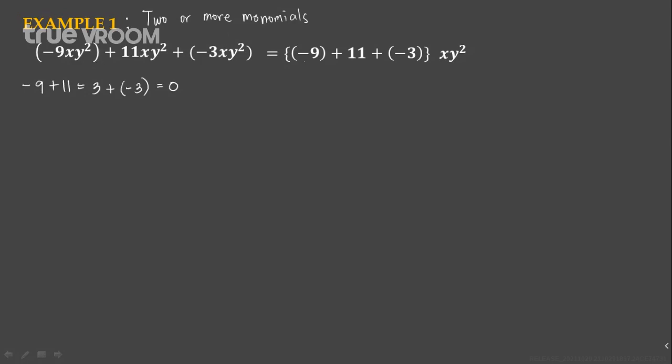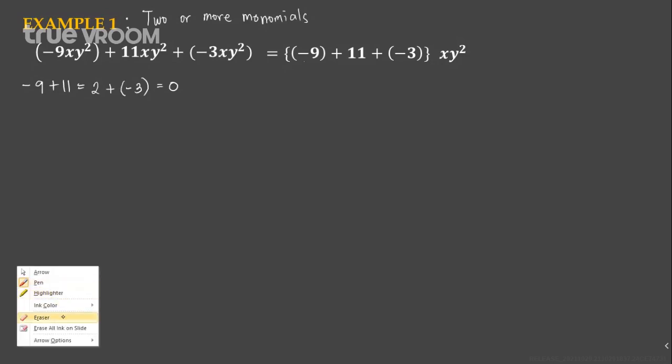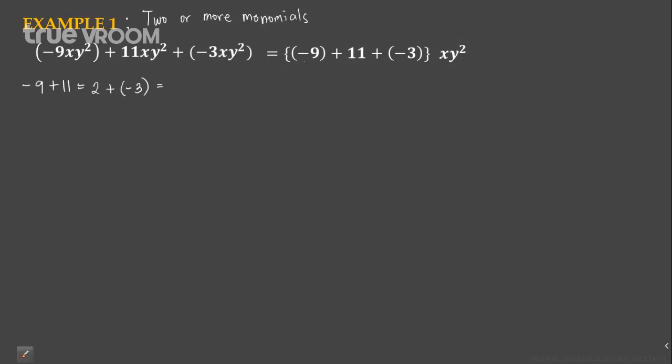Any number or letter multiplied by 0 is equal to? Oh, my child, this is not 3. Negative 9 plus 11, sorry. Negative 9 plus 11 is 2. I'm sorry for that. So 0, this is not 0, rather what? Negative 1. Correct. So negative 1.